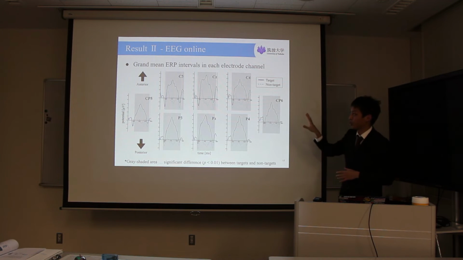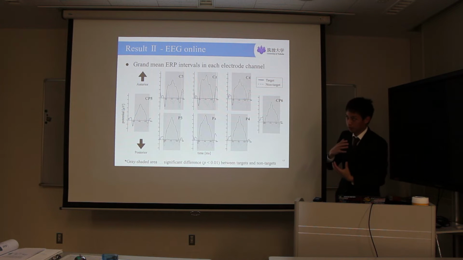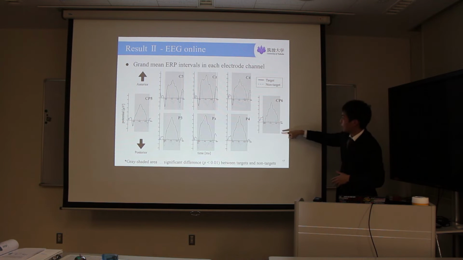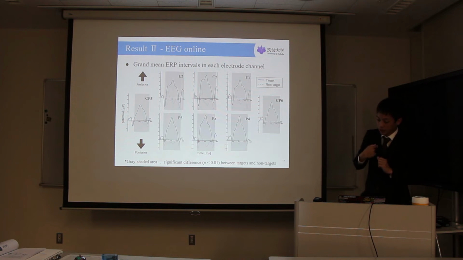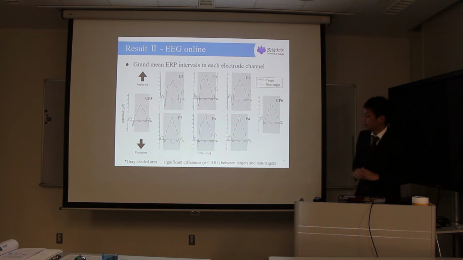This is the grand mean ERP interval, which means the average, the mean result of all the participating users. The blue dotted line is the non-target, the EEG signals when the non-target stimulus is given to the users. The gray shaded area in each graph shows the significant differences between the ERP signals for the target stimulus and non-target stimulus.